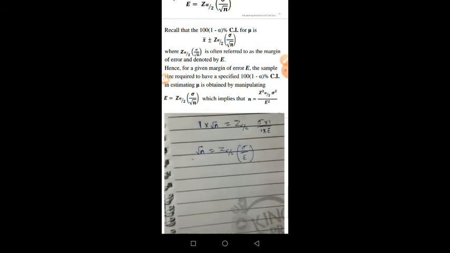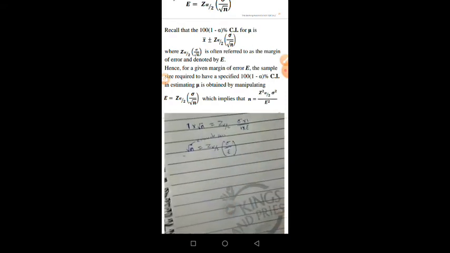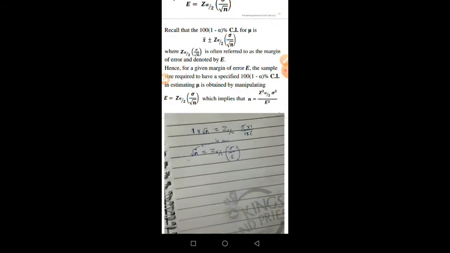You can see now we're getting closer. Now what to do is eliminate this square root. To eliminate this square root, we have to square both sides.